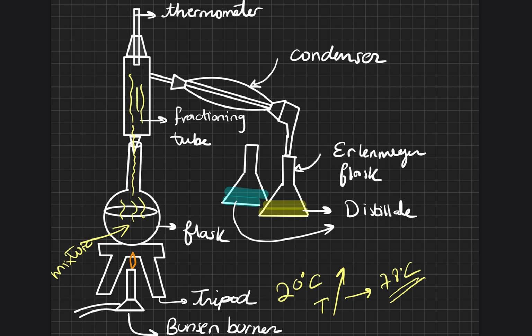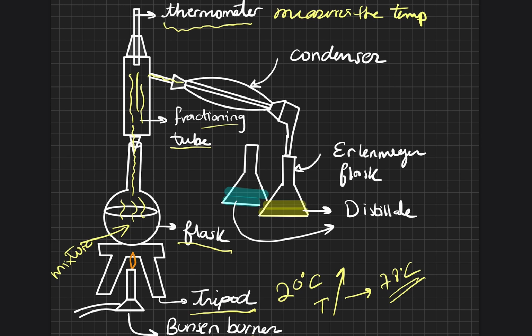Okay, so this is the Bunsen burner first, this is the tripod, this is a flask, and this is the fractionating tube here. And up here we have a thermometer. So the thermometer measures the temperature.